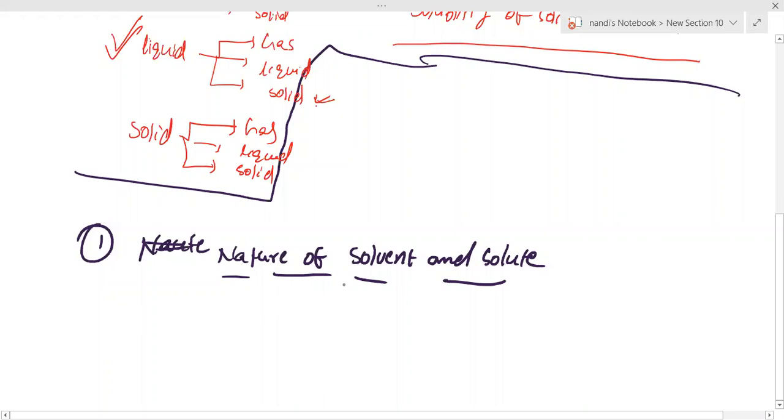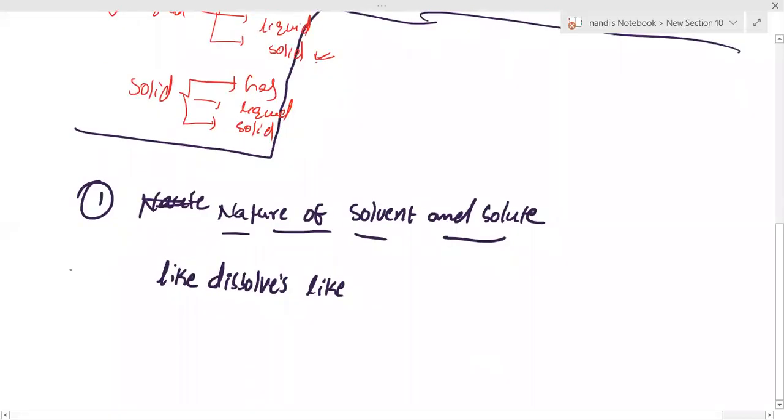So nature of solvent and solute means, as we already gave, like dissolves like. Okay, this is a basic point. Like dissolves like. I hope you know very well this meaning. Here, ionic compounds can dissolve in polar solvents, and covalent compounds can dissolve in non-polar solvents.